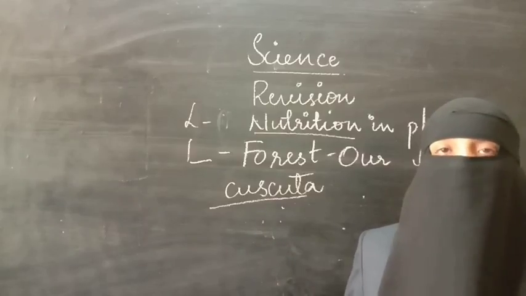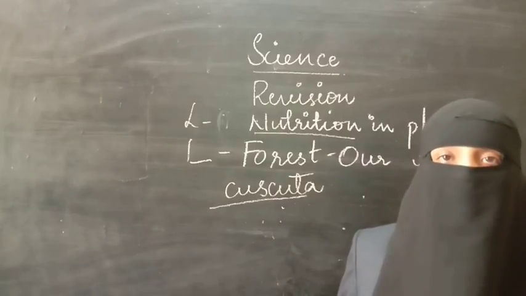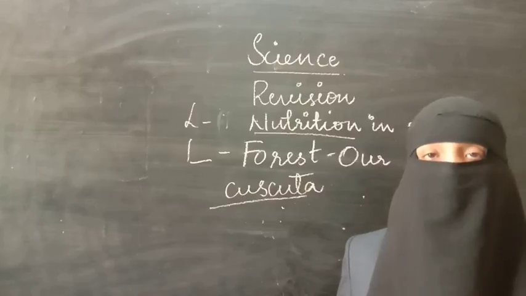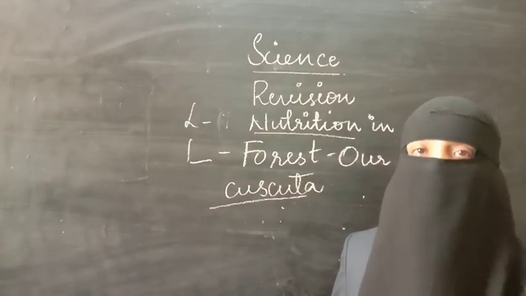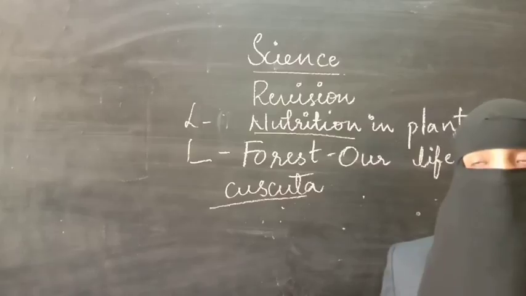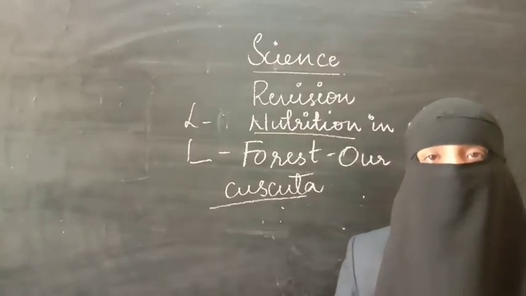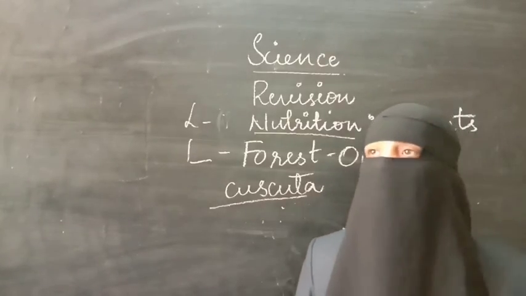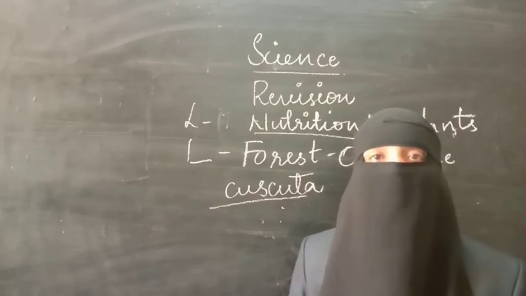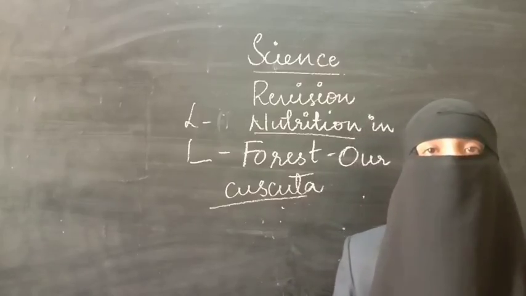Another example of heterotrophic nutrition is saprophytic nutrition. Here also, plants depend on other matter for their requirement of food and nutrients. Saprophytes are the plants which depend on dead and decaying matter for food and nutrients.